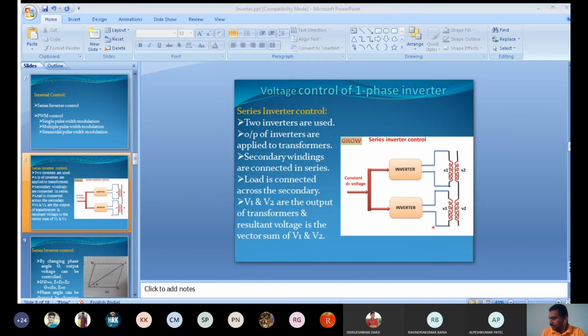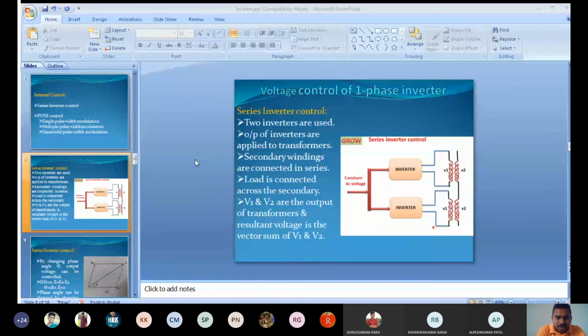Okay, so here what happens, this sine wave starts at this point, so at this point the value is 0. Now it increases and goes to the maximum value. So now at this point what happens, the carrier signal becomes equal to the reference signal.